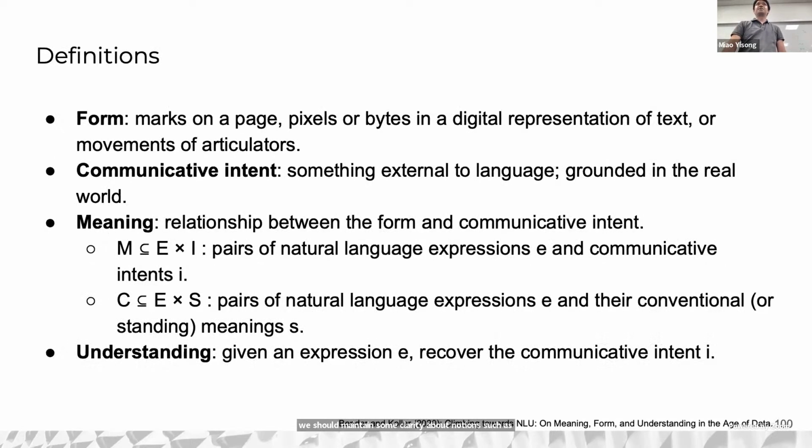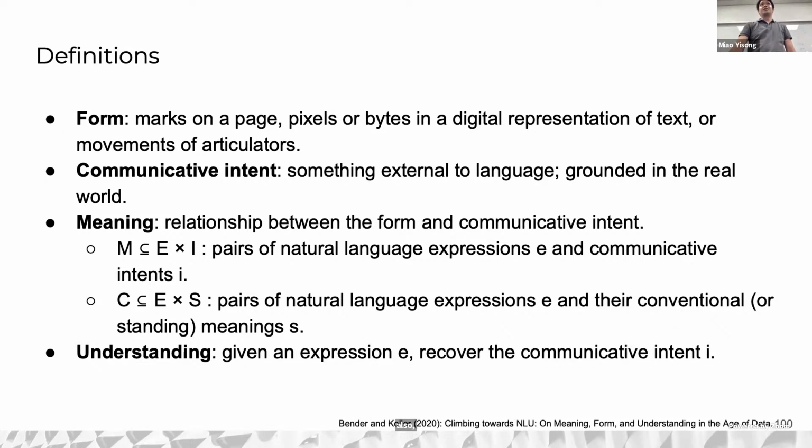So we have some definitions according to the paper. First we have form. Form for us is just text or strings of characters. What is important is the communicative intent. It is something that's external to language, and it is also grounded in the real world.